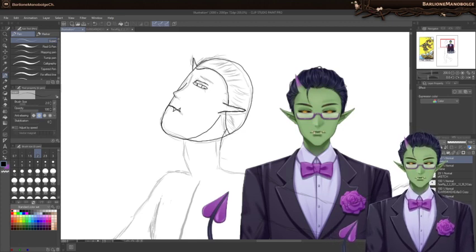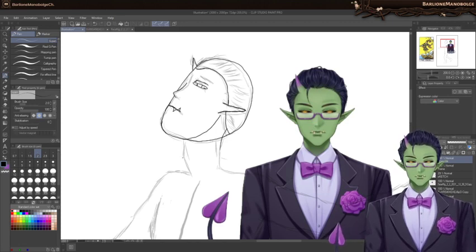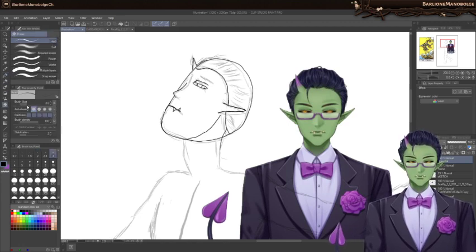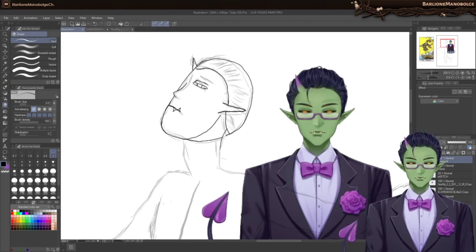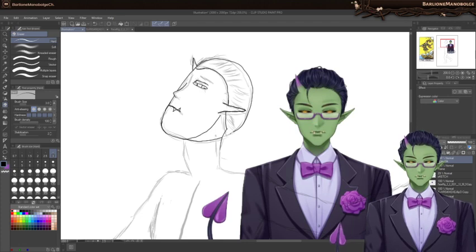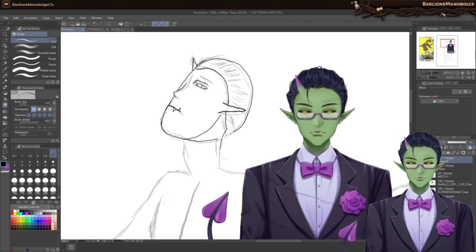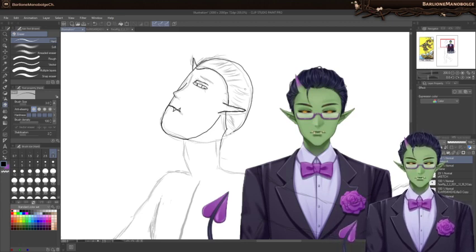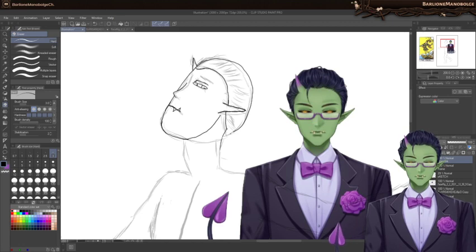Neck. Like that. I think I should probably shrink down the neck, unless I'm going to look like a giraffe. Like this.